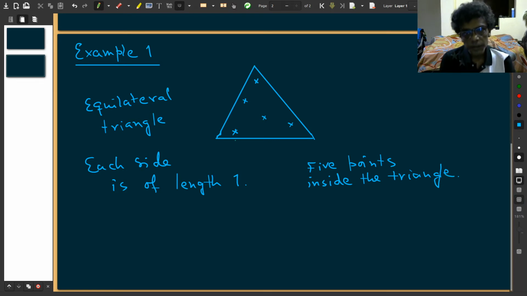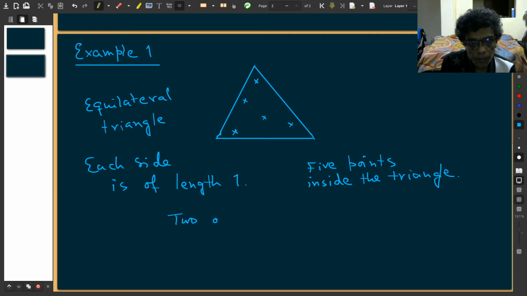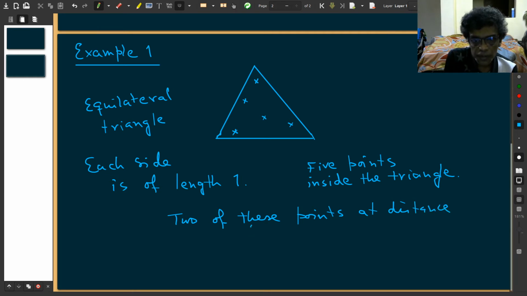Now, the pigeonhole principle implies that no matter how you place these 5 points, you will always find 2 of these points at distance no more than half.